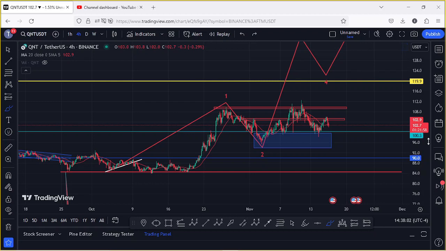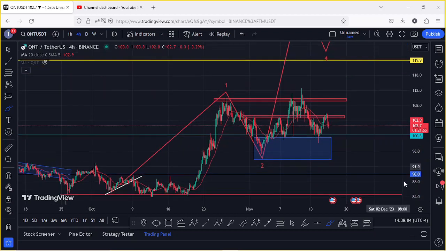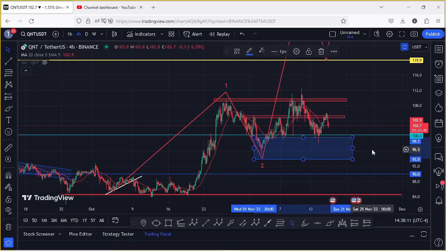So there are high chances that in case further pullback continues, we are going to get back into this blue target area between the $100 mark and the $93.9 mark, get one more low before we can see another reaction to the upper side.